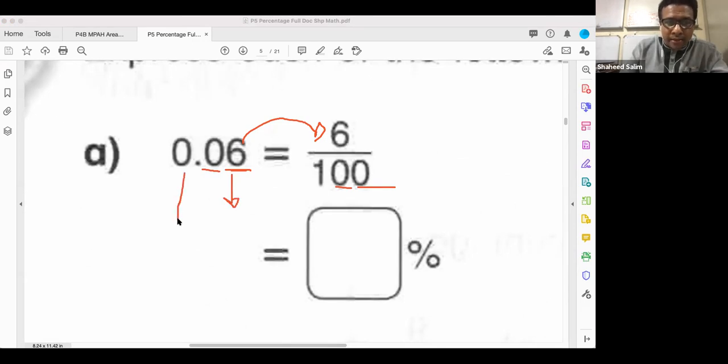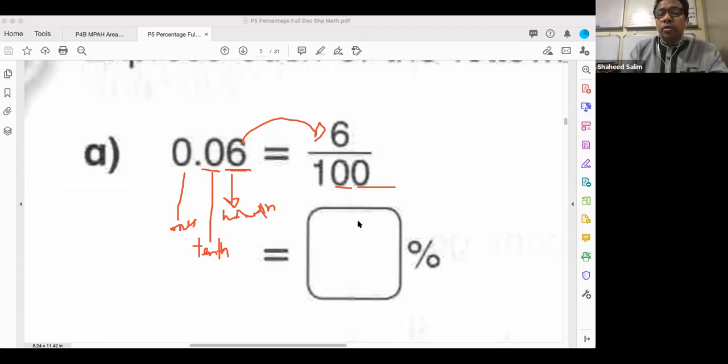This is ones. This is tenths, with a TH. And this is hundredths. So if you can identify it, you take the last digit, what it is, 100, you put 100 here. So this becomes 6%. Why 6%? 6 over 100. Percentage is over 100.